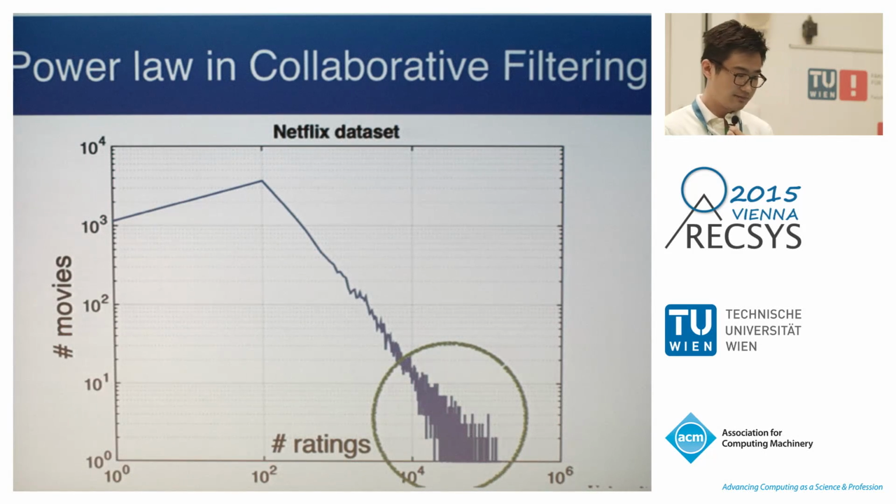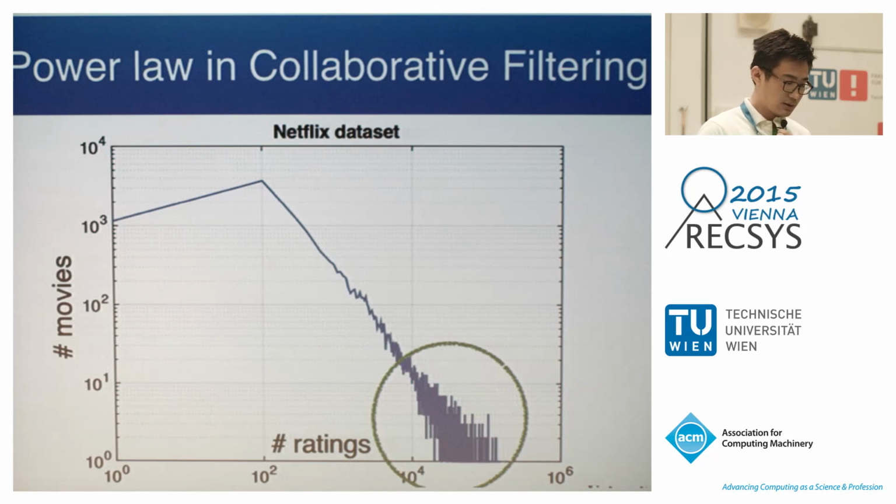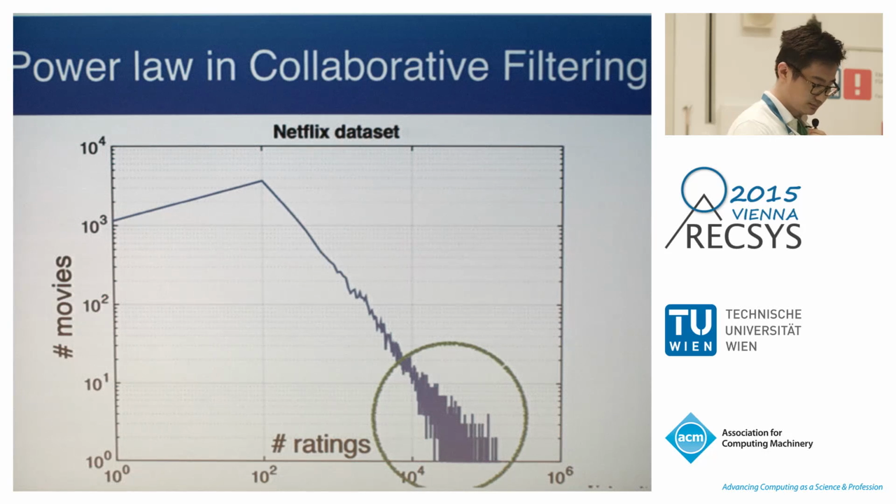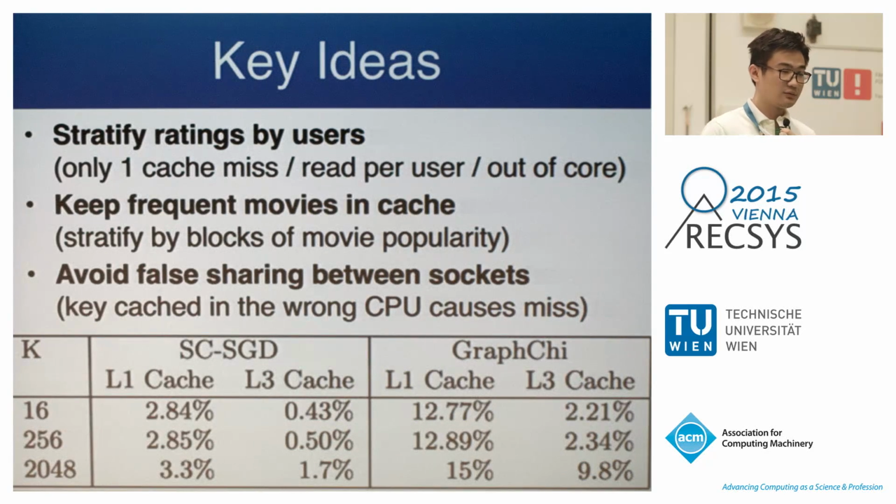The basic idea is, according to the power law, there are a tiny number of popular movies that account for most of the ratings. So we can cache all of them in the cache, and for the rest, which are infrequent, we can prefetch them. And for latent user factors, we read per user for each core.